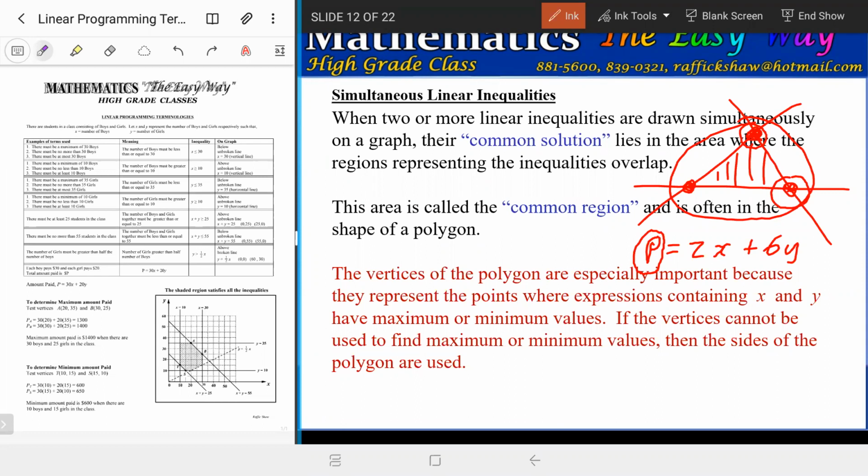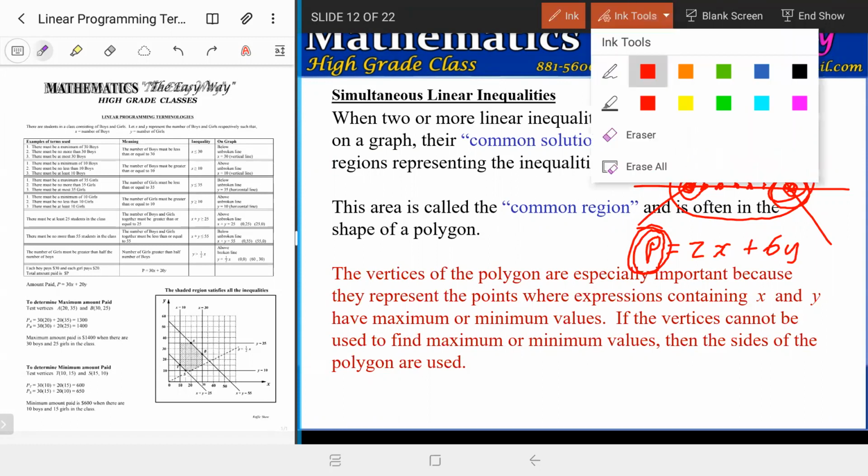Remember, any point in the region is valid. And if the lines are unbroken, any point on the line is also valid. So when you want to find the maximum or the minimum value of P, you go to the vertices, because the vertices are where the x and y values would be at their extreme, in terms of either being at their maximum or at their minimum.